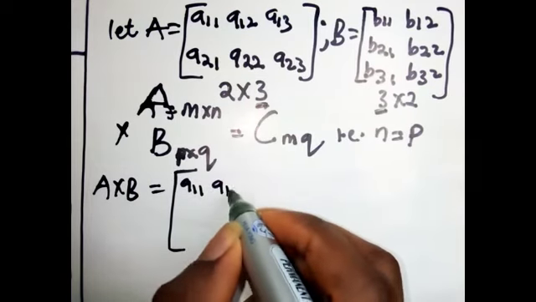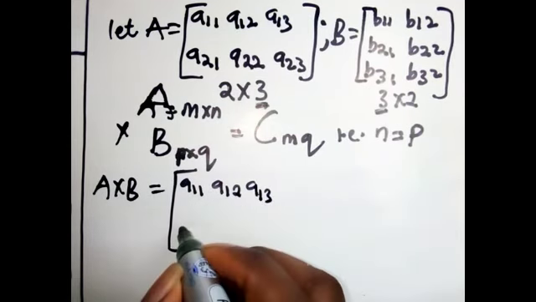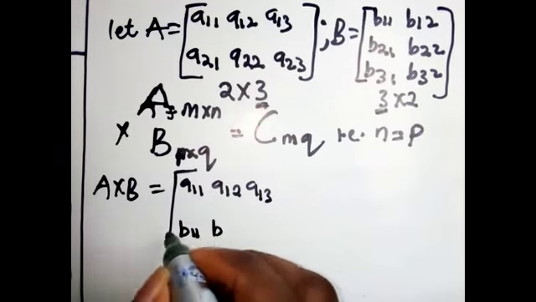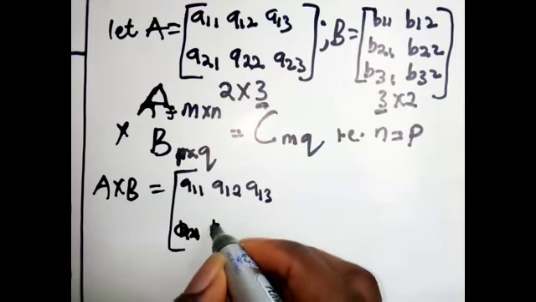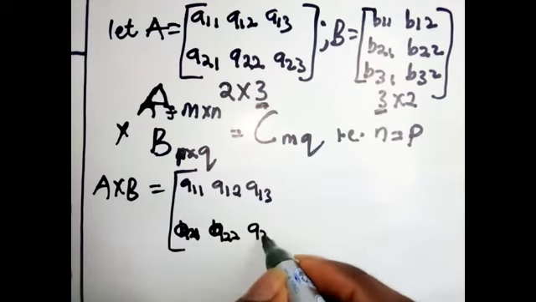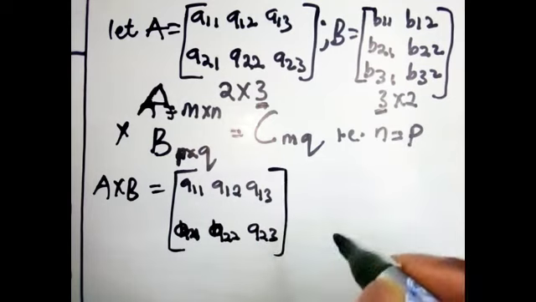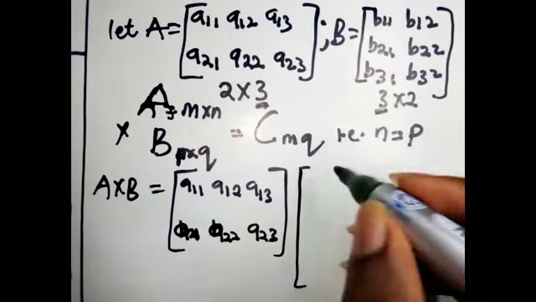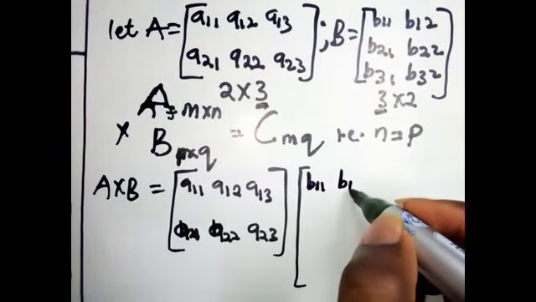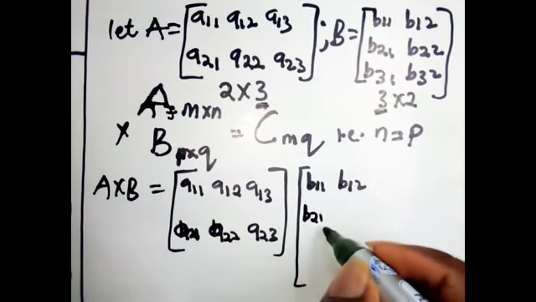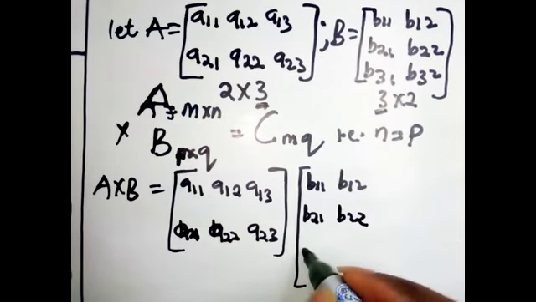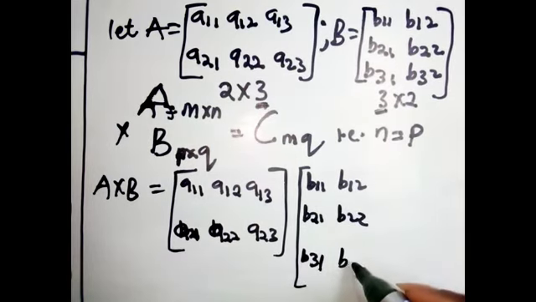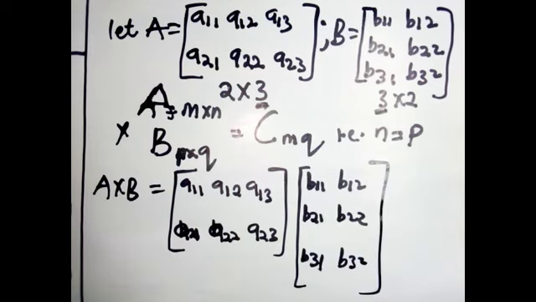A11, A12, A13, A21, A22, A23 times B11, B12, B21, B22, B31, B32.